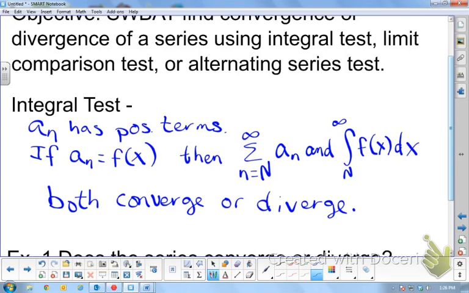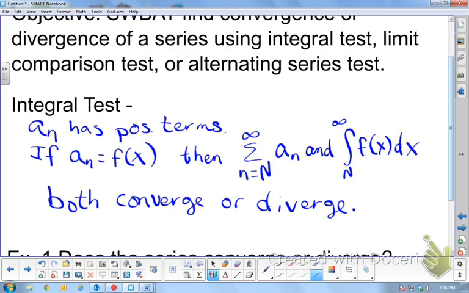So now we kind of see the purpose of Chapter 9. Those improper integrals are very useful for this test because we're going to have to integrate some improper integrals. When we integrated improper integrals, what did we have to change before we could integrate?